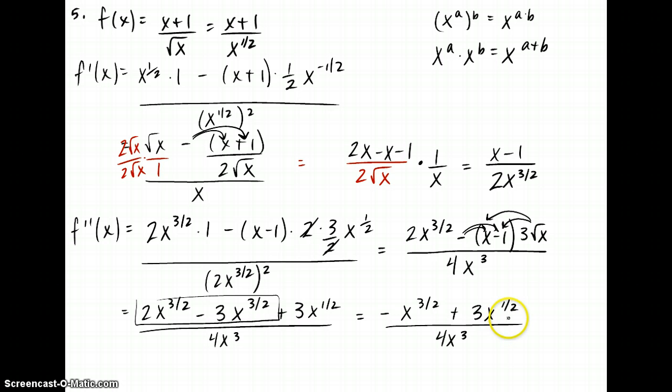You could factor out an x to the 1/2, but I'm going to work with this in that form. One thing that I spoke to several of you about, if I asked you for the second derivative, I would expect to see you simplify the x's more, but we need to manipulate the second derivative. So you can leave it in this form as long as you can get me another answer.